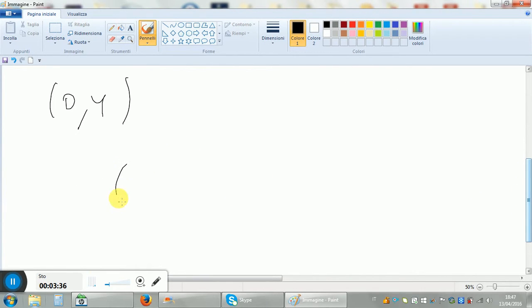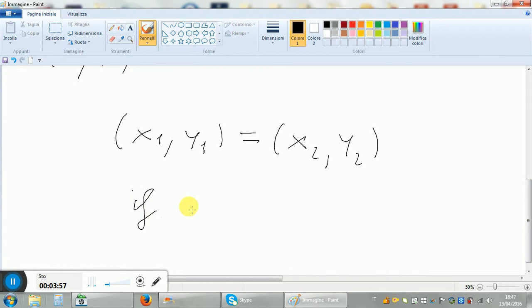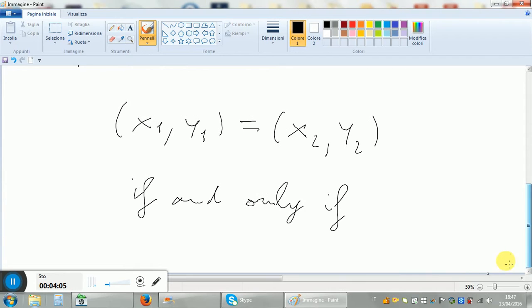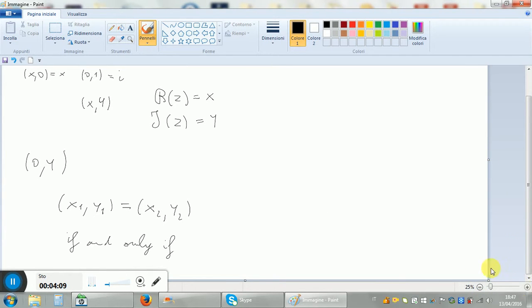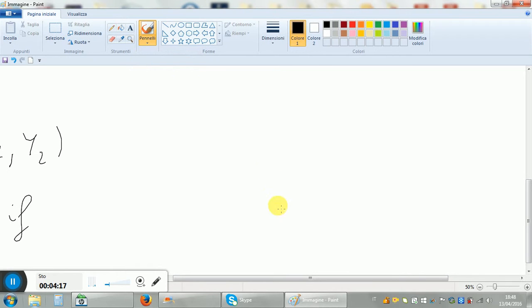Thus, (x1, y1) is equal to (x2, y2) if and only if x1 is equal to x2 and y1 is equal to y2.